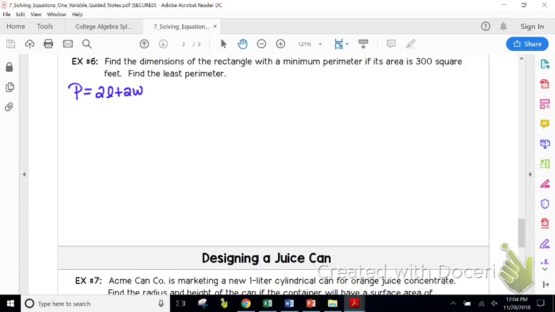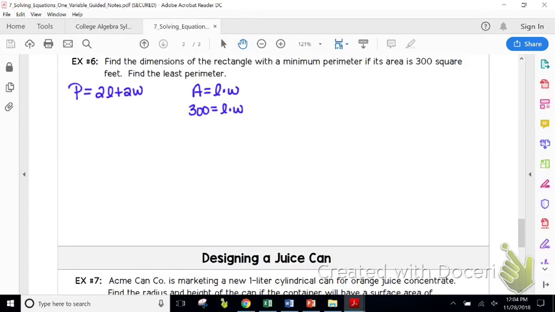Alright, so let's see. It says, find the dimensions of the rectangle with the minimum perimeter if its area is 300. So now, what is the formula for area? Length times width. And we know the area is 300, so 300 equals length times width. I can find more information about the perimeter if I know either the length or the width.